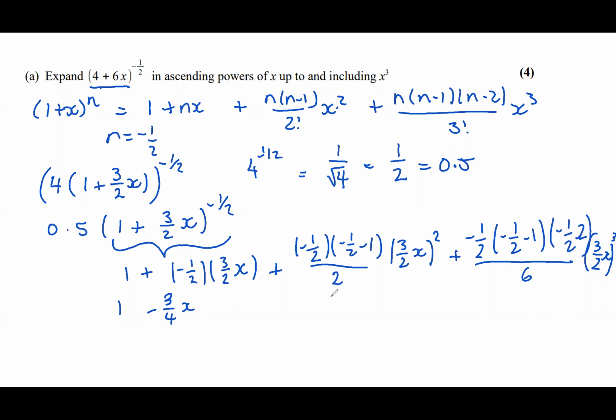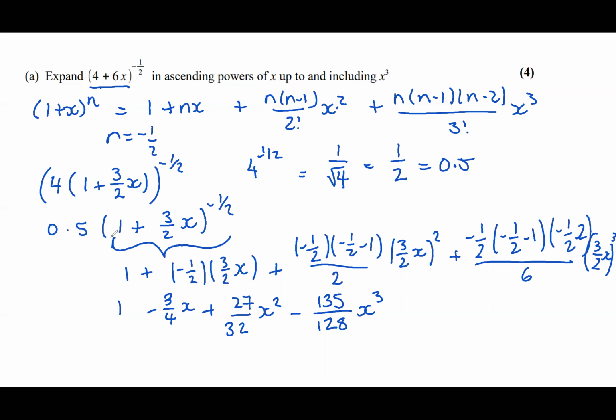Dividing that by 2 should give us 27/32 x². And the final term, when we put this in our calculator, will give us 135/128 x³. So you've expanded that section.